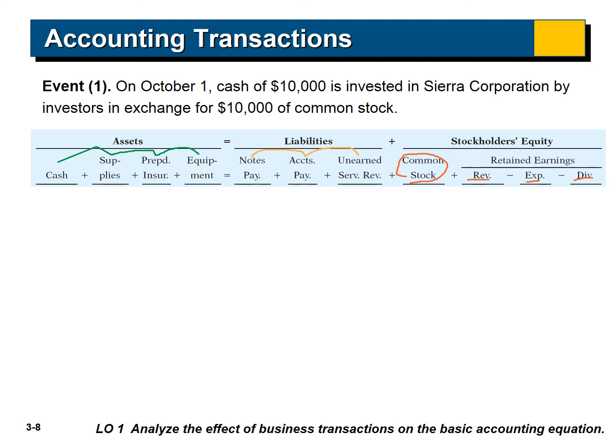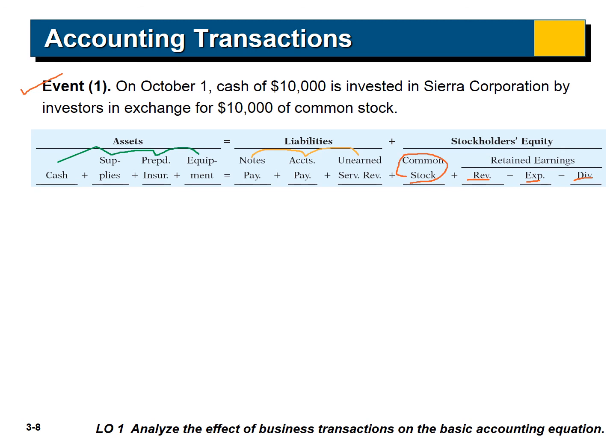So we're going to look at an individual transaction and see how it affects each one of these accounts. So let's look back up here at event number 1. On October 1st, cash of $10,000 is invested in Sierra Corporation by the investors in exchange for $10,000 of common stock. So you ask, which two accounts?